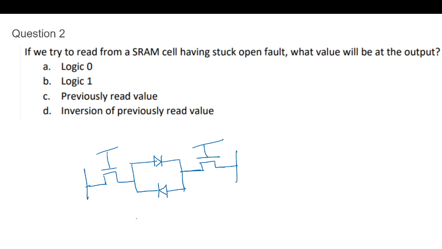Now, if this is open, that means this is not accessible. So previously, if we read a 0, it stays; if it is 1, it will get that value. So whatever was the previously read value will be at the output of this SRAM cell. The correct answer is the previously read value.